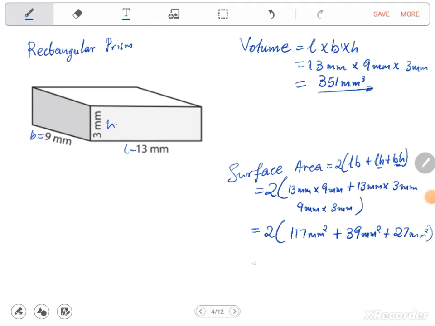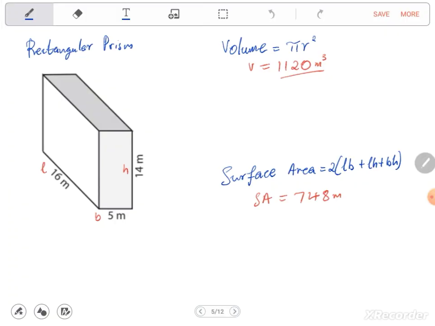When we add 117 plus 39 plus 27, we get 183 millimeters squared. Times 2, the final answer is 366 millimeters squared. I hope this makes sense.